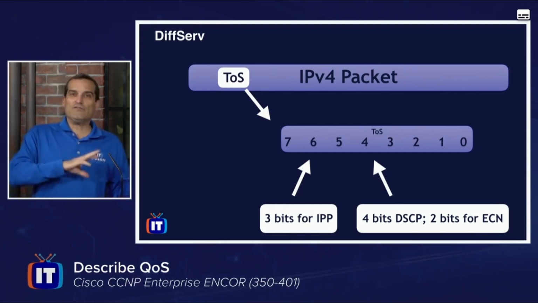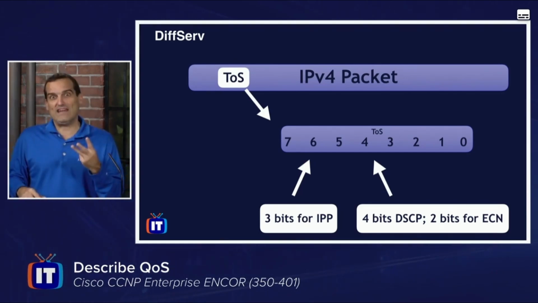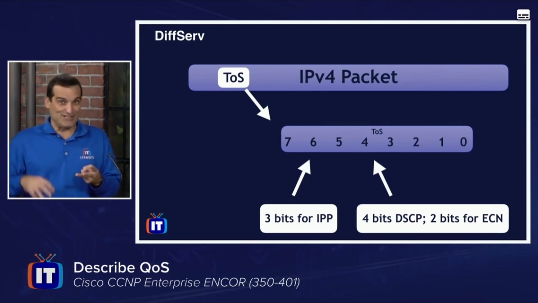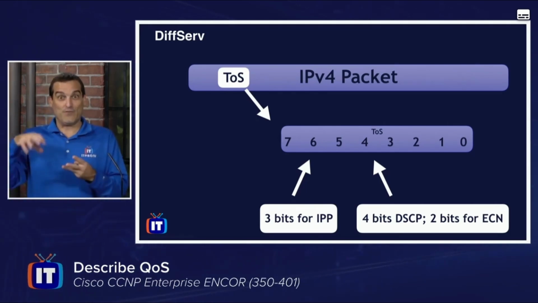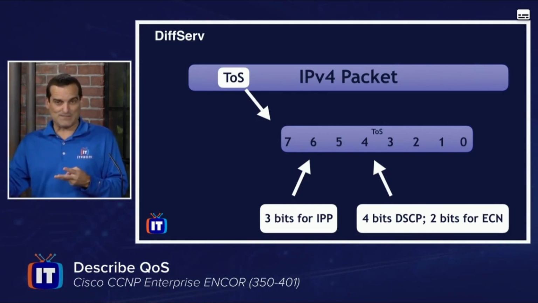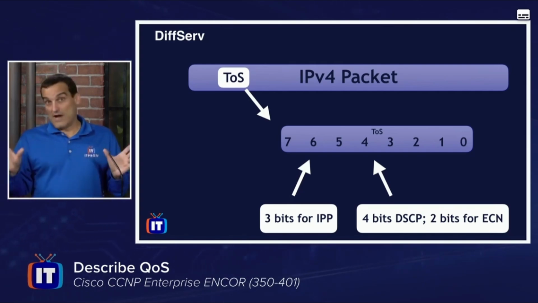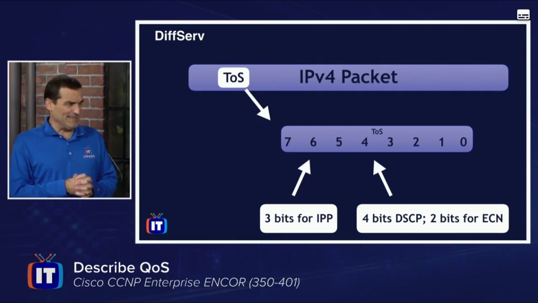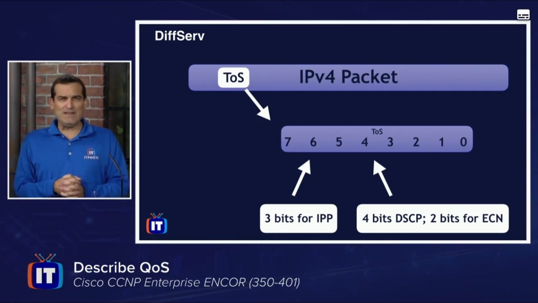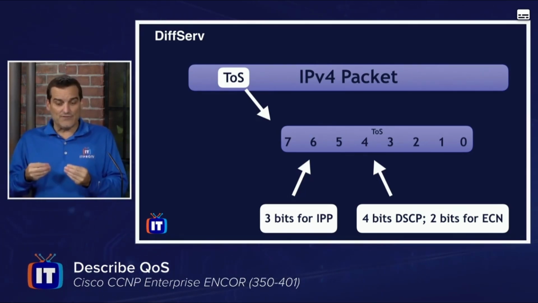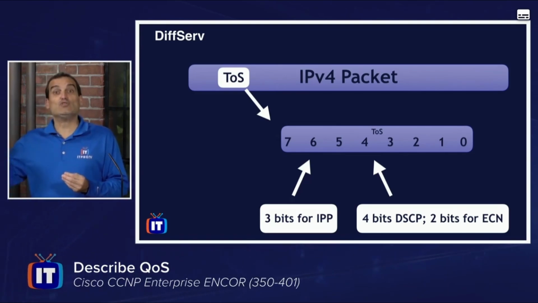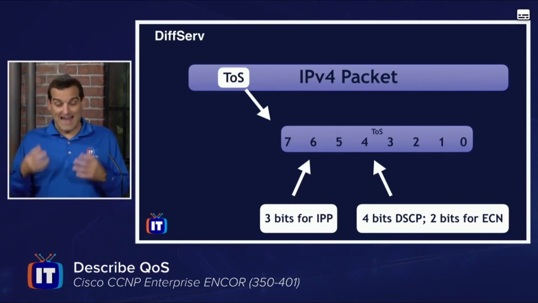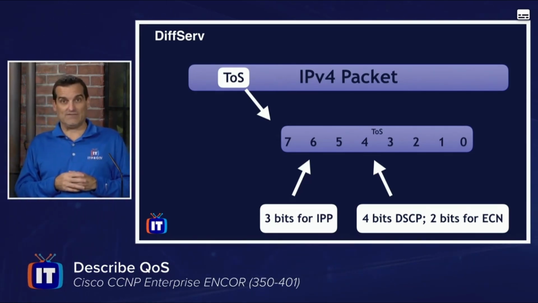This was perfectly in keeping with the 3 class of service bits used at layer 2 for QoS markings. Great. But it didn't take long for the engineers to go, boy, we sure are wasting bits. Wouldn't it be great to give meaning to those other bits in that field? And that's what DSCP gives us.